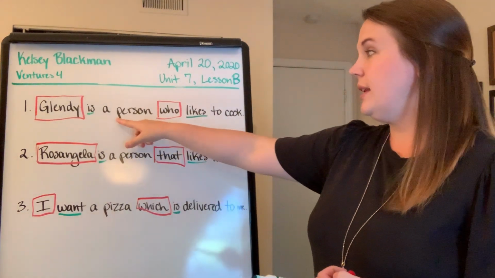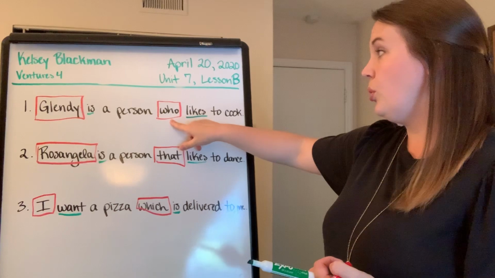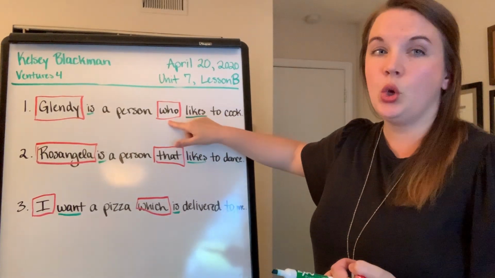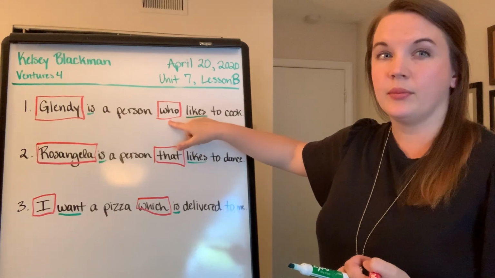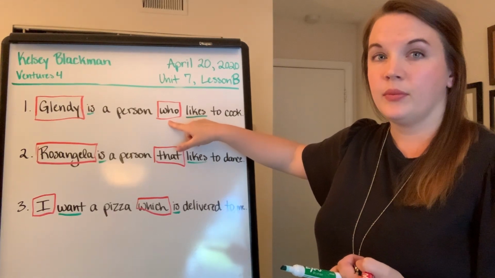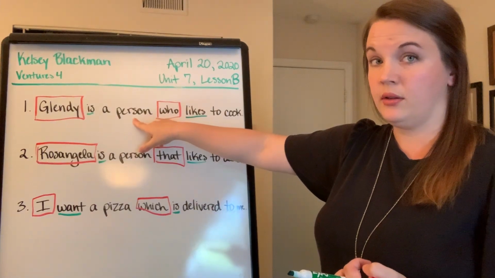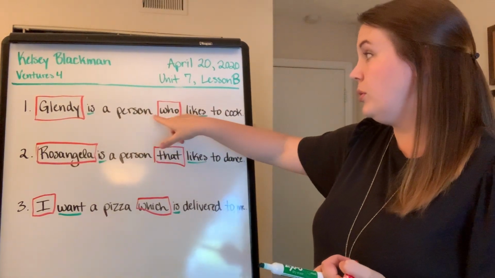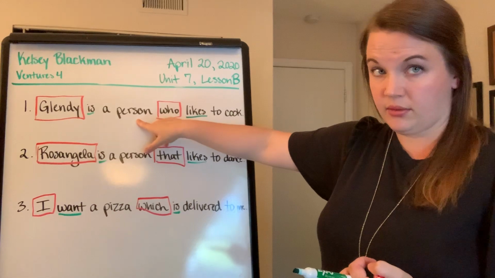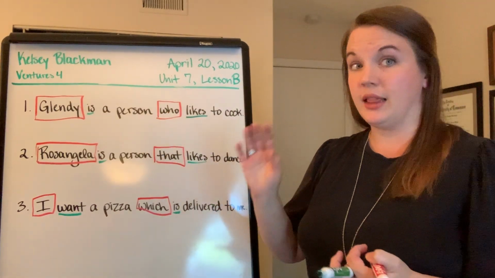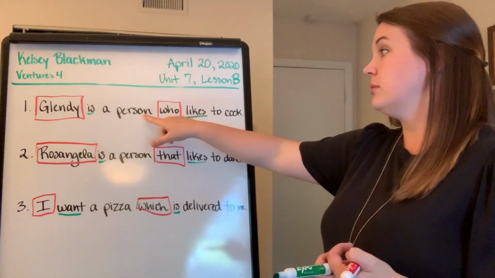So when we say Glendy is a person who likes to cook, what is who talking about? It's talking about person, right? Who? That person, right? Glendy is a person. That person likes to cook, right?